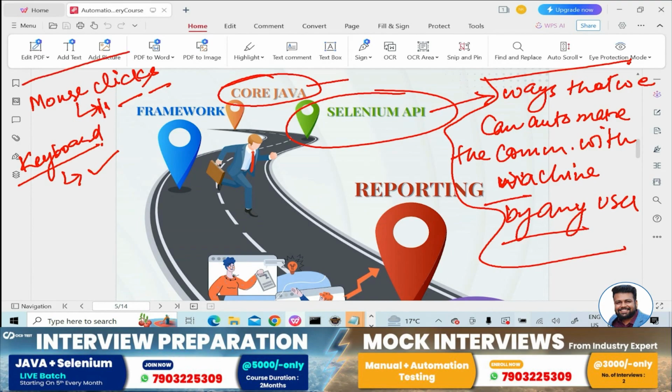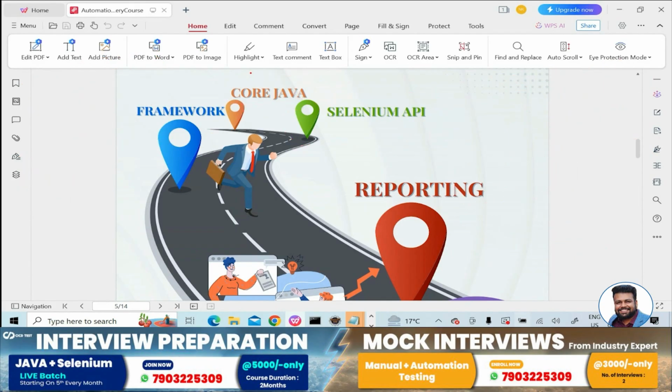Once you learn how to interact with the machine, how to exchange information with the machine, it is very important for you to learn what a framework is. Why do we use frameworks and why is it important to learn them?